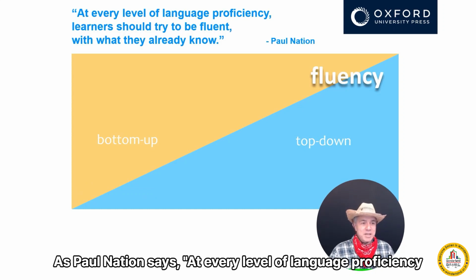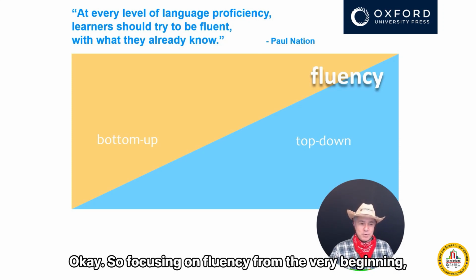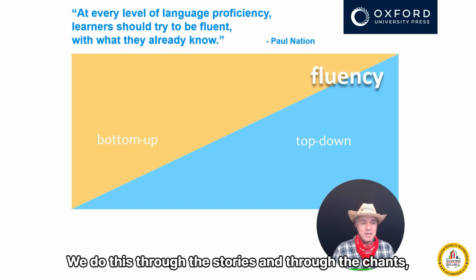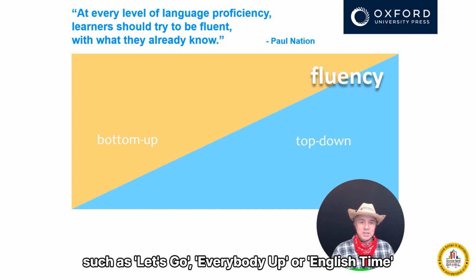As Paul Nation says, at every level of language proficiency, learners should try to be fluent with what they already know. Okay, so focusing on fluency from the very beginning all the way through. In Oxford Phonics World, we do this through the stories and through the chants. And the communicative targets are taken from other Oxford University Press titles, such as Let's Go or Everybody Up or English Time.